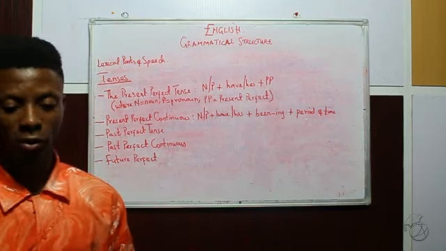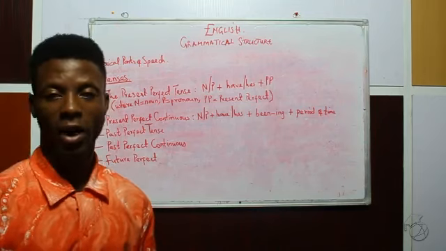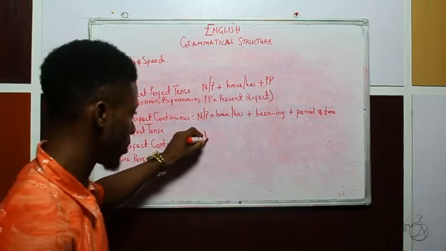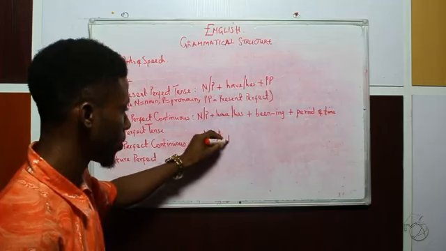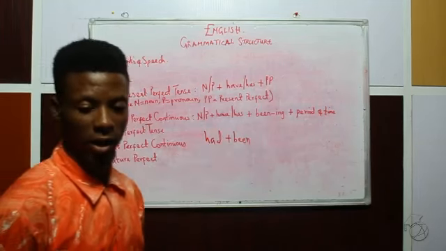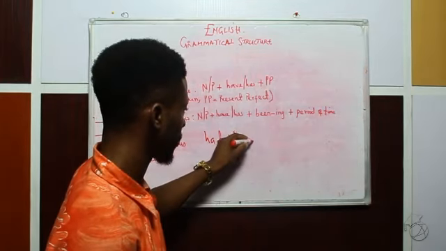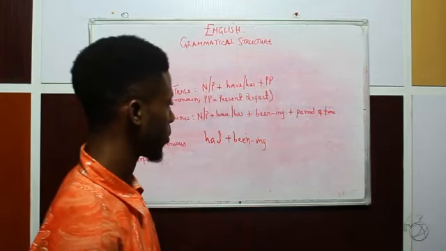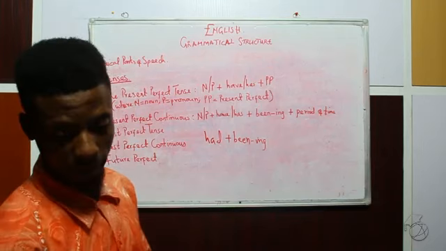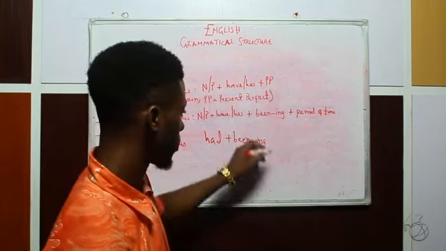The past perfect continuous tense is marked by had plus been, plus the verb in its ing form, that is in its continuous form, plus a time indicator.